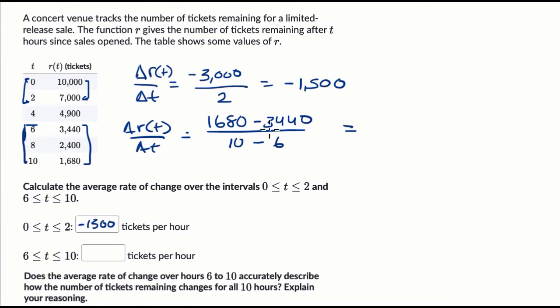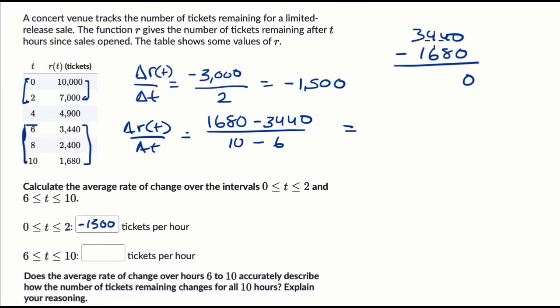So let's see, what is this going to be? It's going to be the negative of what 3440 minus 1680 is. Let me just do this carefully because I don't want to make too many errors in my head. So 3440 minus 1680: 0 minus 0 is 0.